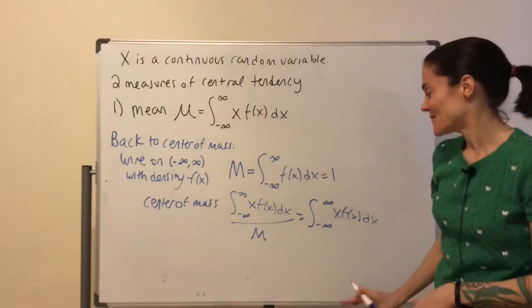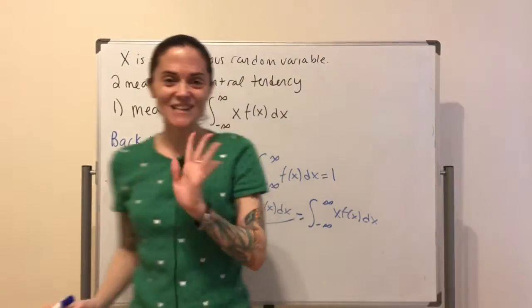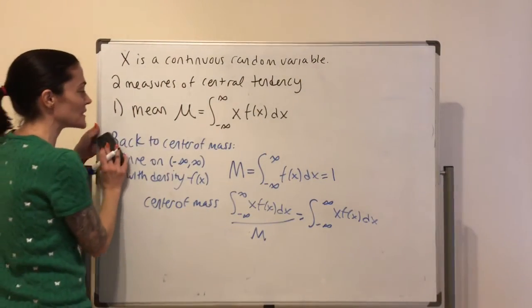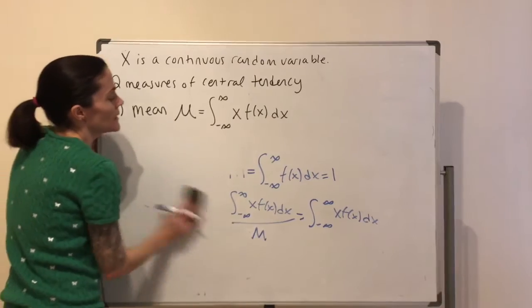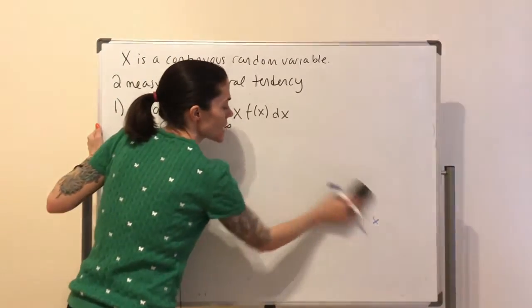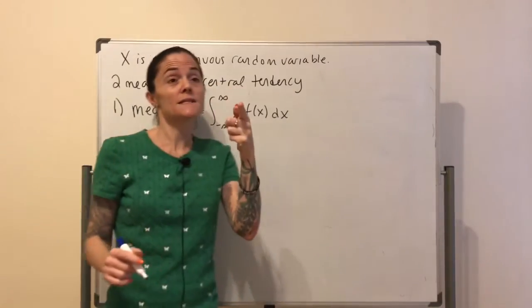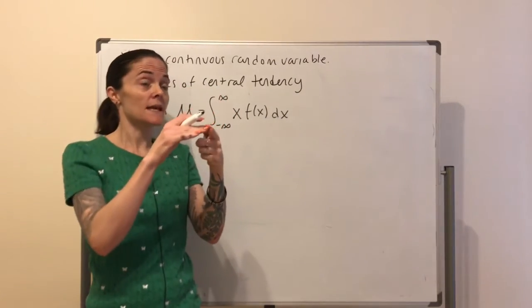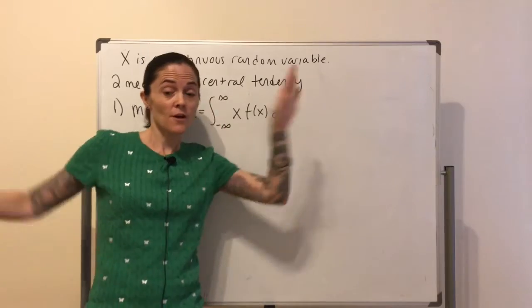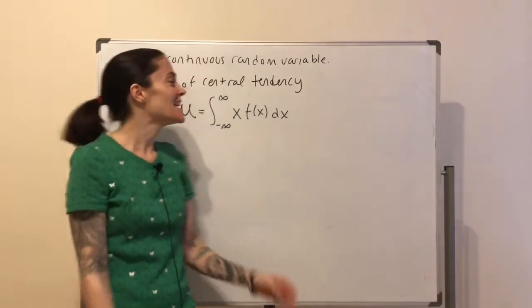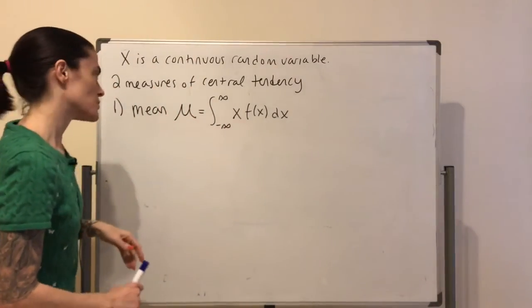Okay, so that was just a nice comment that took us back to the last section, and it really is where this comes from in probability. It's where, for instance, if we had a wire with density f(x), we would put our finger so that it balances, right? And this is one measure of central tendency.